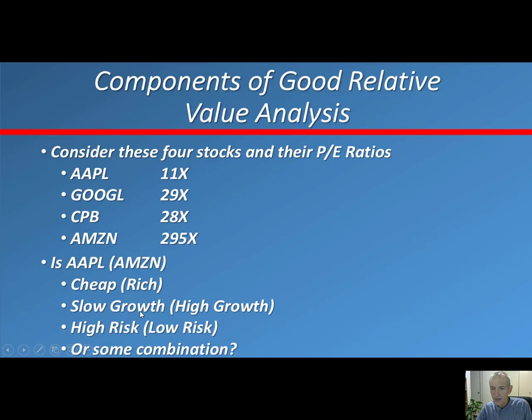Could be a slow growth company, could be a high risk company, or some combination of them. I think the overwhelming answer at the time I did this was that they were cheap. What about Amazon? Well, they could just be really expensive, they could be rich, or they could be really high growth, or they could be low risk, or some combination.